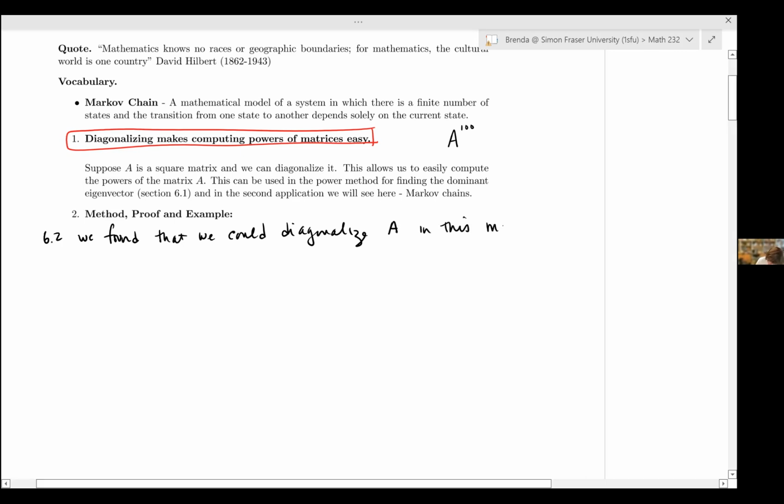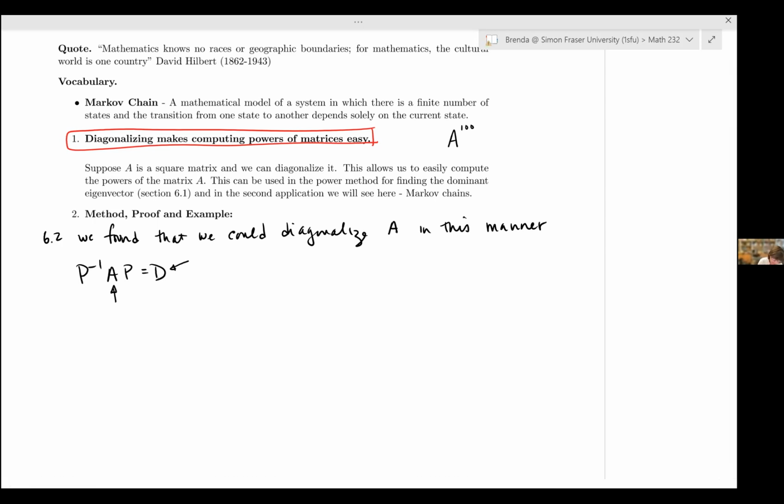We could find a matrix P such that P to the -1 AP is D, and D is a diagonal matrix. So this is the matrix we started with, A, and then we were able to find P using the eigenvectors, and then we can invert it, and that will allow us to find D.